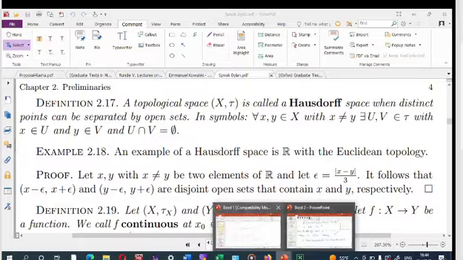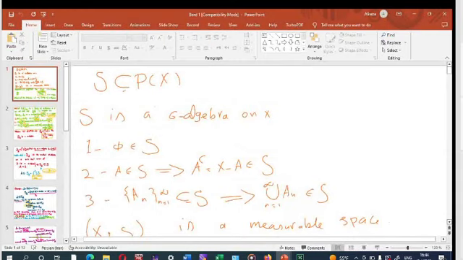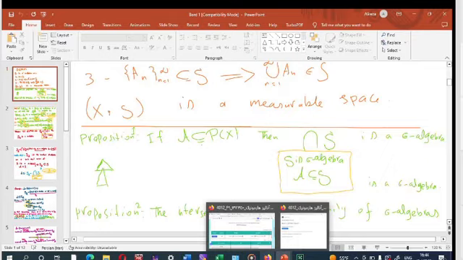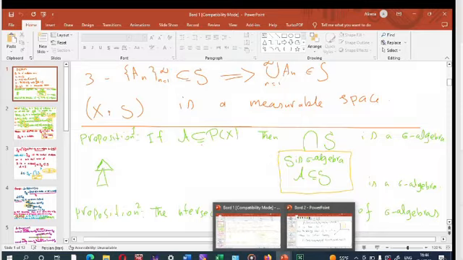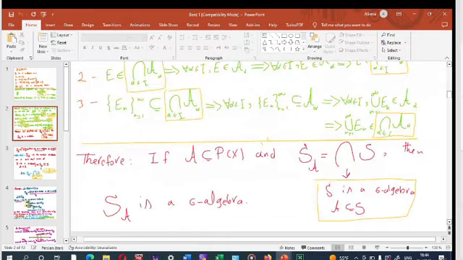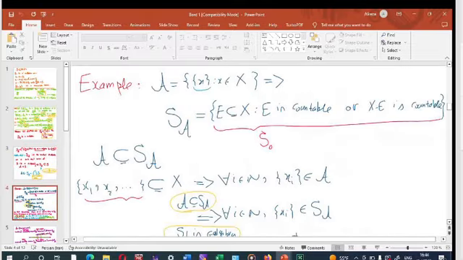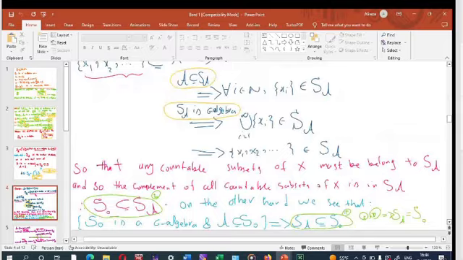Okay, the intersection of these two sets is the empty set.